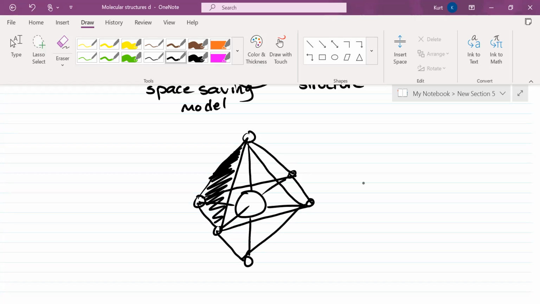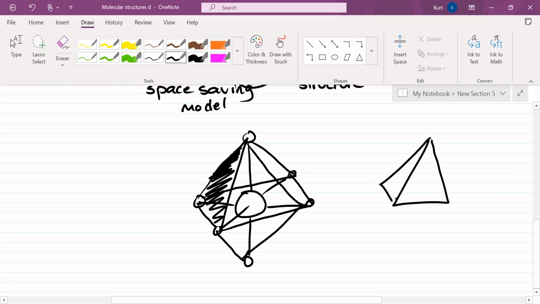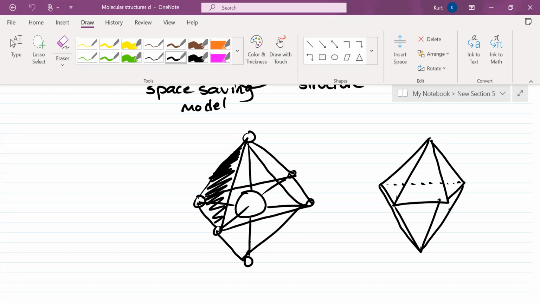Then you flip it, you do the same thing. 1, 2, 3, 4. It's like a diamond. So it's actually going to kind of look like this. It's hard for me to draw 3-dimensionally like that, but it has 8 faces. That's why it's called octahedral.